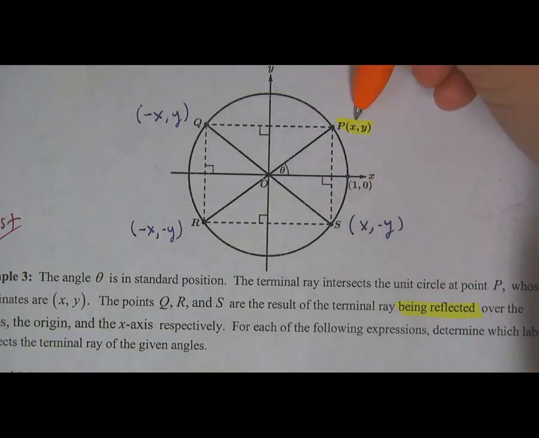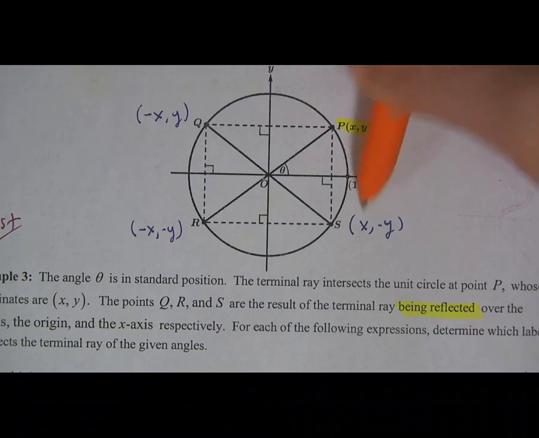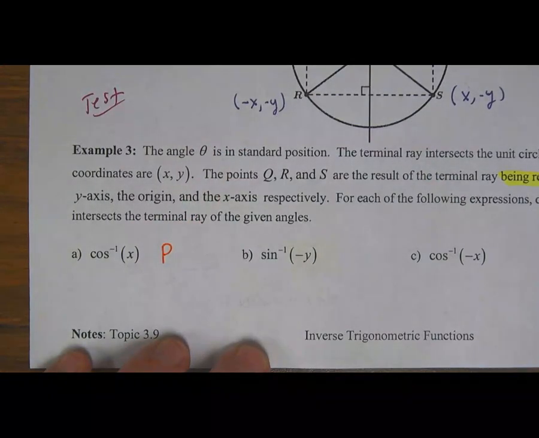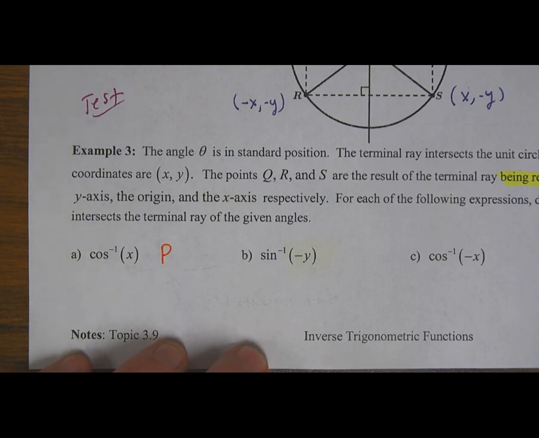So at point P, cosine is x, and at point S, cosine is x, but I'm restricted, look at the top of your page, at arc cosine, because the problem is arc cosine of x. Is it going to have to be point P or point S? Point P, because arc cosine is limited to quadrants 1 and 2. Your test will be a multiple choice question where it'll have like points P, Q, R, or S, and you pick the right one.